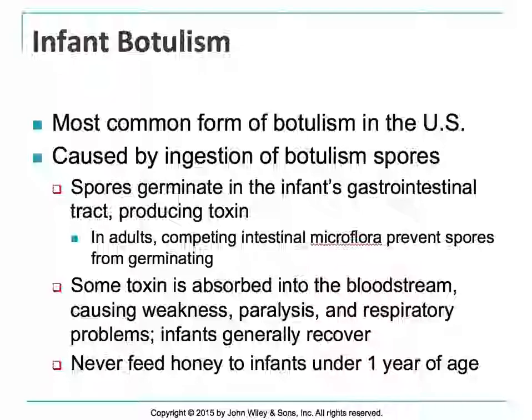Typically, those infants are able to recover. Botulism is one reason why you maybe have heard the recommendation to never feed honey to infants under 1 year of age. And the concern there is botulism infecting the infant from the honey.